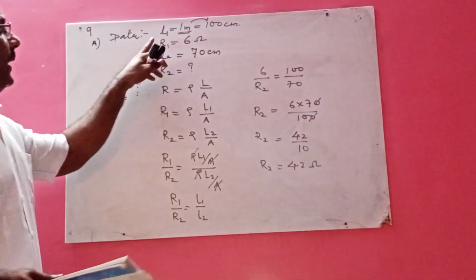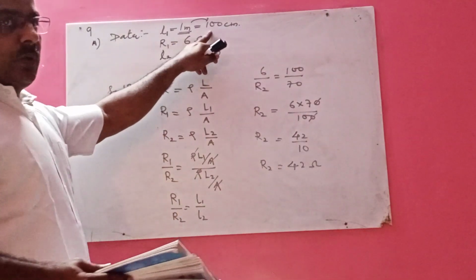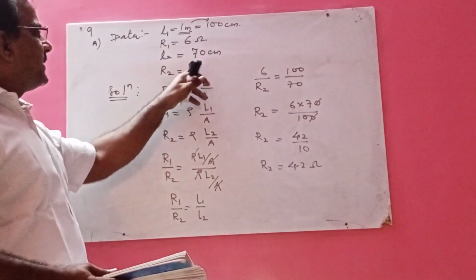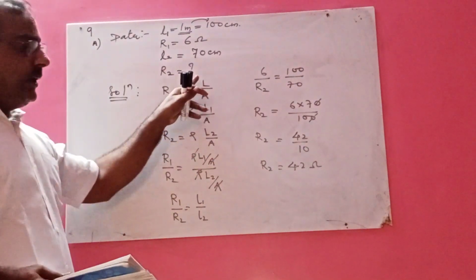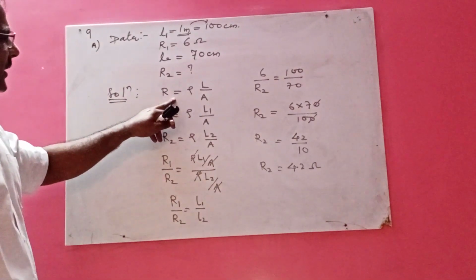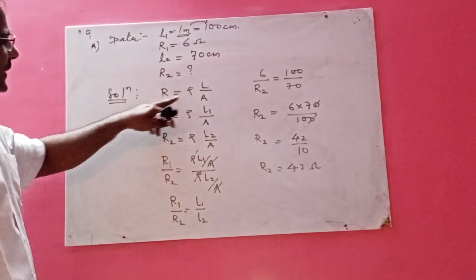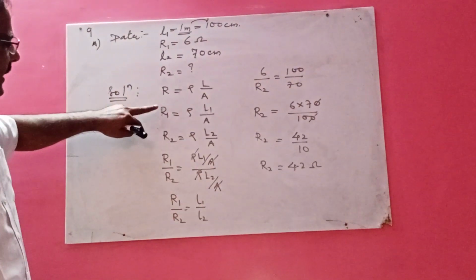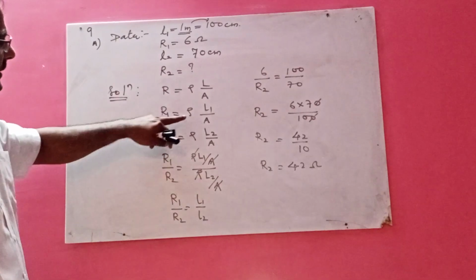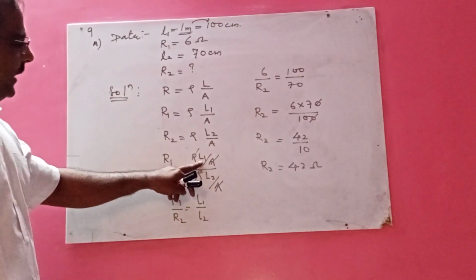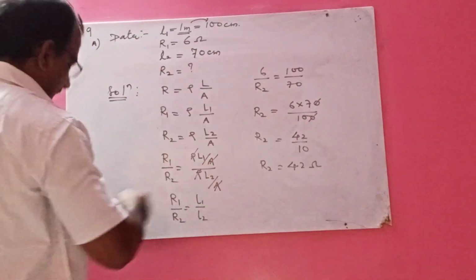L1 is equal to 100 centimeter. R1 is this, L2 is this, R2 we want to calculate. Now here R1 I have taken from here because I said the formula. R1 is this, R2 is this. Now divide R1 by R2. This you divide by this one. Rho gets cancelled. And see how L1 gets cancelled, children.